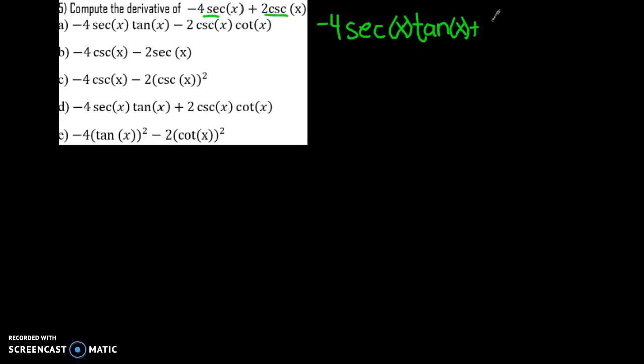You just have to memorize it. Derivative of cosecant is negative cosecant x cotangent x. And then right here it's just simple algebra. Just bring that 2 up here and multiply the negative right there. You see your answer is already given for part A.